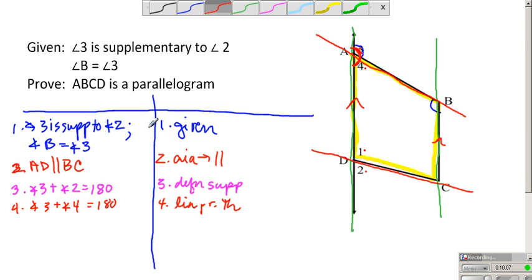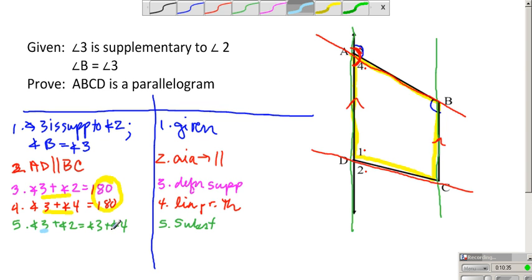Now, as always, if I have two things that equal the same, that means those two sums are the same. So I can go ahead and write that angle 3 plus angle 2 is equal to angle 3 plus angle 4. That's by substitution.